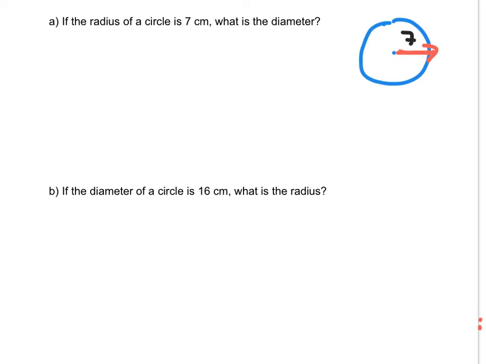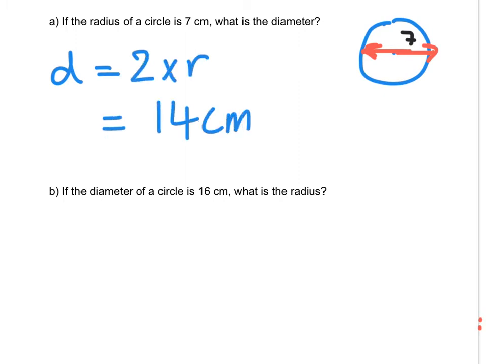If that's the case, what's the diameter? Remember that the diameter is double the radius because the diameter goes straight through to the other side. So 7 plus 7 is 14. I'll write that down: diameter equals 2 times the radius, which is 14 centimeters.